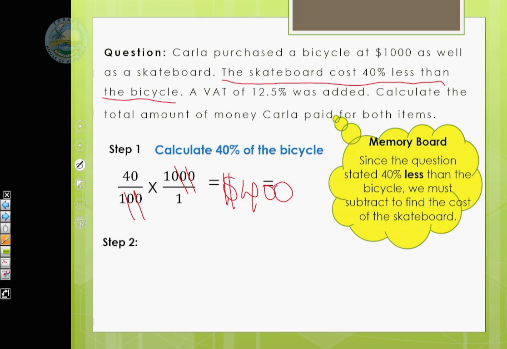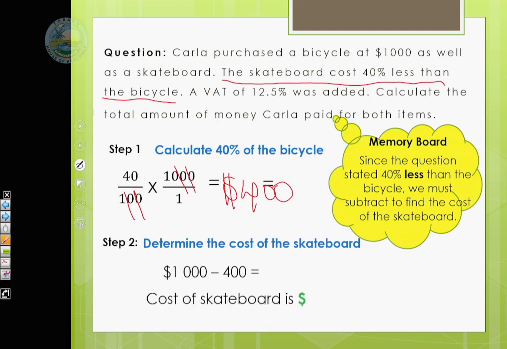So since the question stated 40% less than the bicycle, we must subtract to find the cost of the skateboard. To determine the cost of the skateboard, we must subtract the 40% less, which is $400, from the $1,000, which is the cost of the bicycle, which is equal to $600.